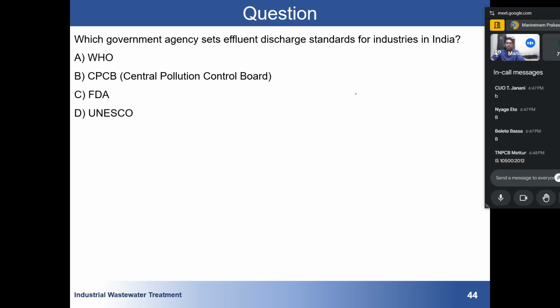In India we use IS, but universally remember we have WHO also. Those are similar, but generally if someone asks, for India we use IS, that is true. But universally, if you read a research paper, someone will say the drinking water limit for this is this much.